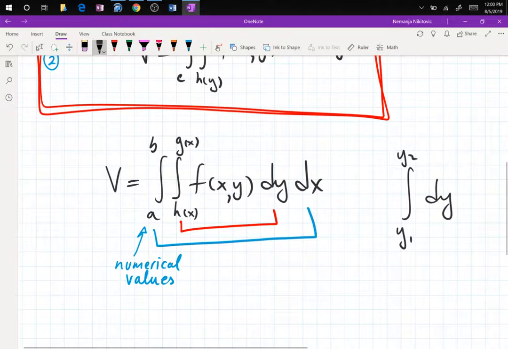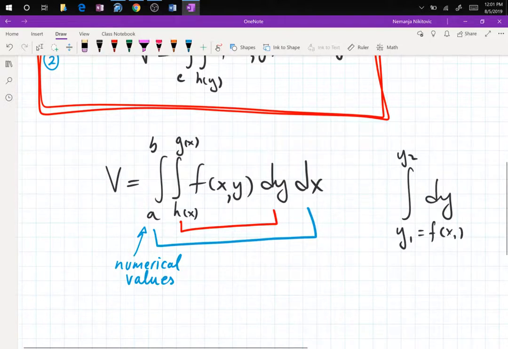Now, if you remember your pre-calculus, y is a function of x. So it's okay to have h of x here, because h of x is y. G of x is y. So these limits being h of x and g of x is perfectly fine.